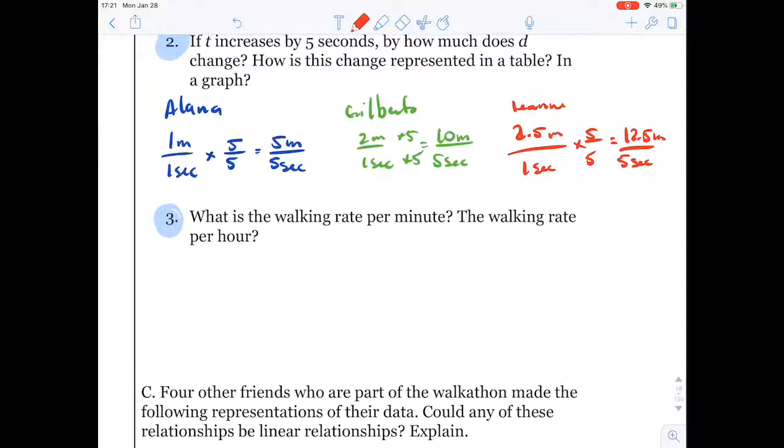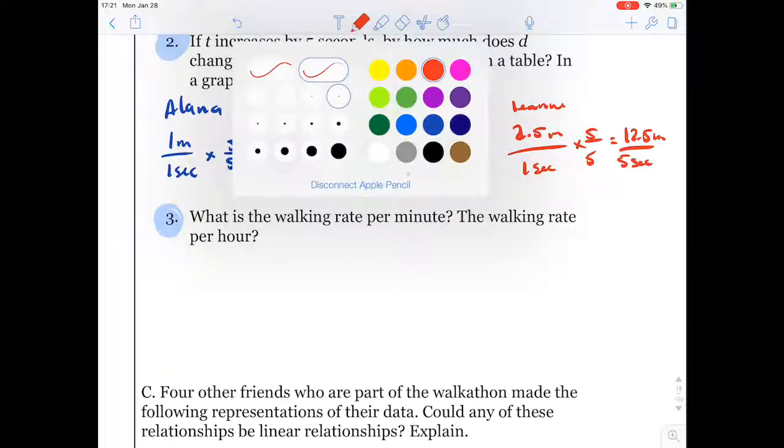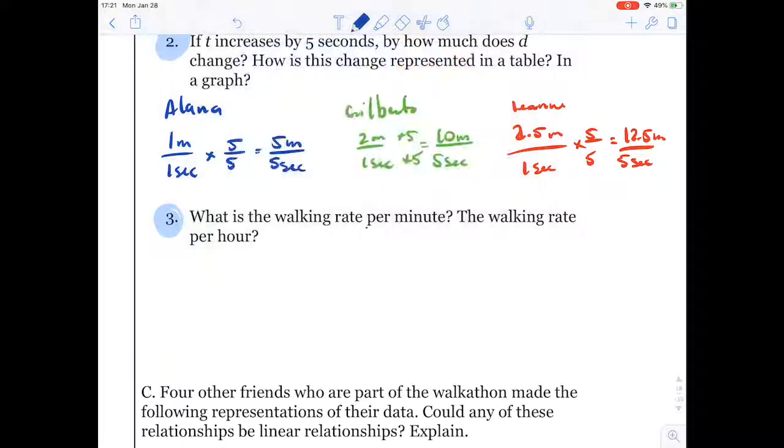Number 3 will be set up the same way. The key word here is per minute. And per minute is the same thing as 60 seconds. So 1 meter for 1 second times 60 over 60 will give us our 60 seconds we are looking for. 60 seconds, and she will travel 60 meters.